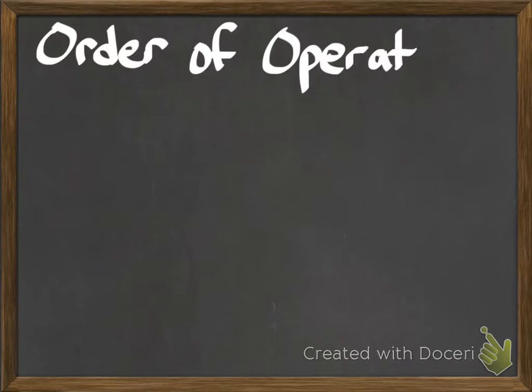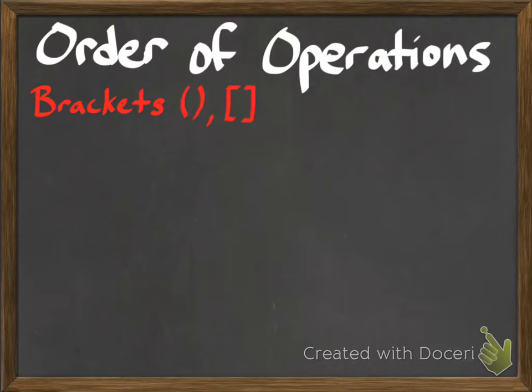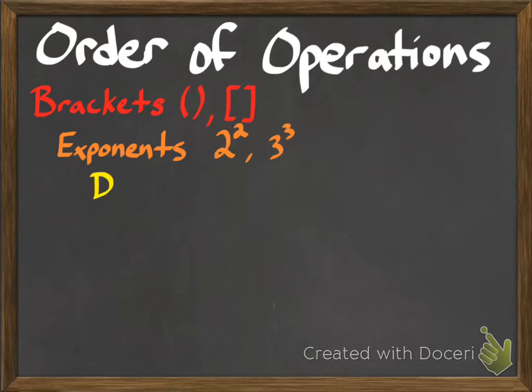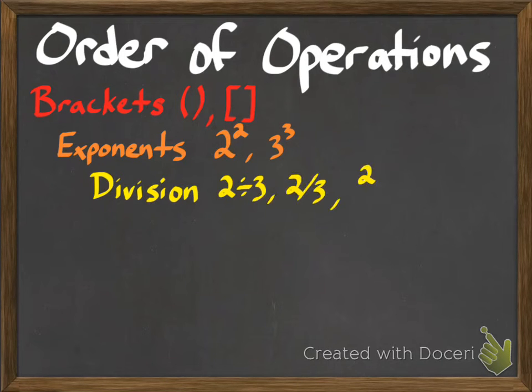Okay, so in today's lesson we're going to be looking at the order of operations, or as most of you know, this ties in with a nice fancy acronym known as BEDMAS. B stands for brackets, so you can have curved brackets or square brackets. E stands for exponents, like 2 squared, 3 cubed for example. D stands for division, so 2 divided by 3 for example, and it can be written in any one of these three ways.